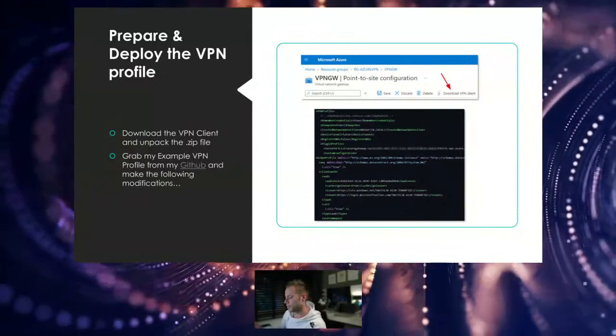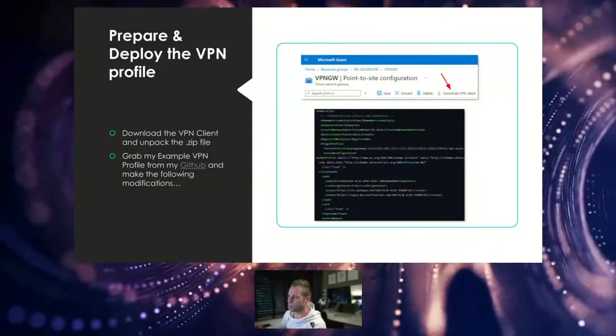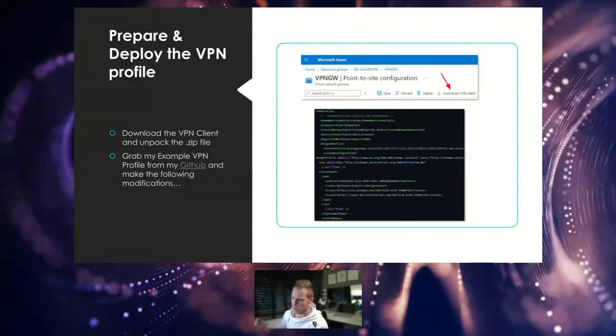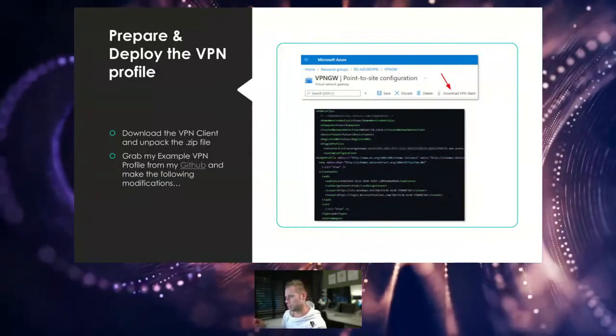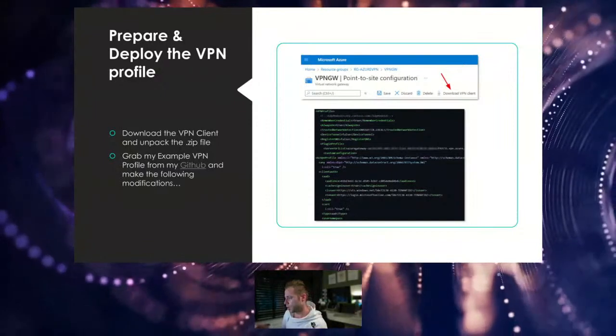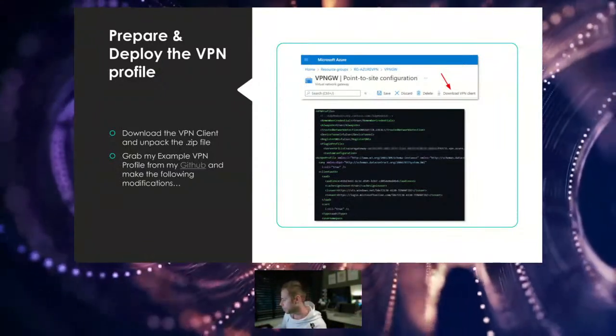But this default VPN profile is meant for a manual VPN connection. That means that if a user is using the Azure VPN client on their endpoint, they have to connect to the VPN gateway themselves with the connect button.